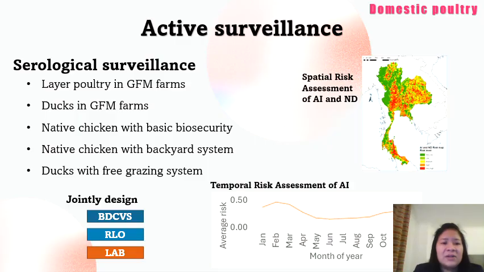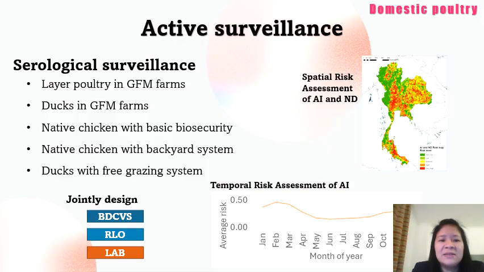The last one is serological surveillance. We do active surveillance on serology as well. This is a designed sampling frame to look for any suspected cases of HPAI and also low pathogenic avian influenza. We do serological surveillance in layer poultry farms and GFM farms.